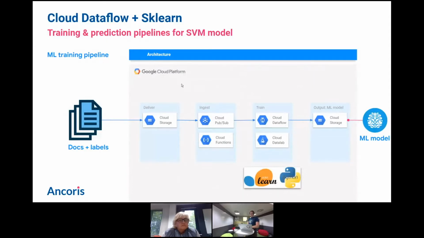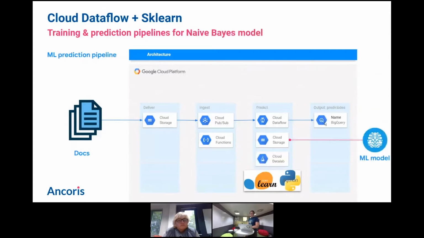We used Google AI Platform to build this ML training pipeline. The idea was that you could drop these documents into a cloud storage bucket, and they would go into a cloud pub/sub that would kick off a Dataflow pipeline that would train the model, and then put the actual ML model itself onto cloud storage.